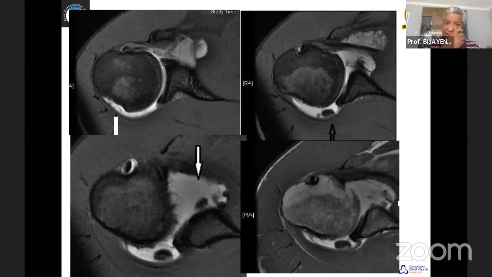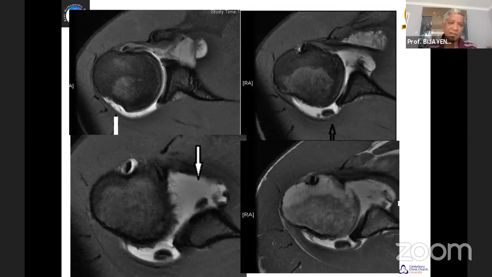Okay, so here you can see there are axial sections of the MR arthrogram. Why MR arthrogram? Because I can see some fluid distension, whether this is an arthrogram that is performed by a radiologist or the patient has had a recent dislocation. So it can be an arthrogram because of the blood within the joint, but there is an arthrogram.